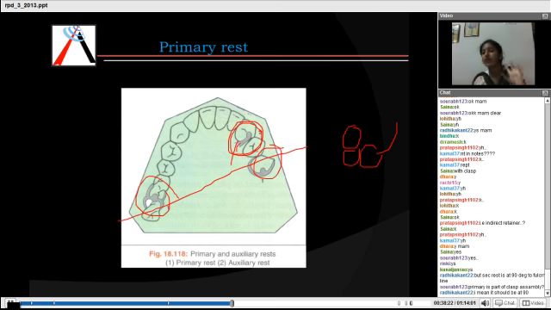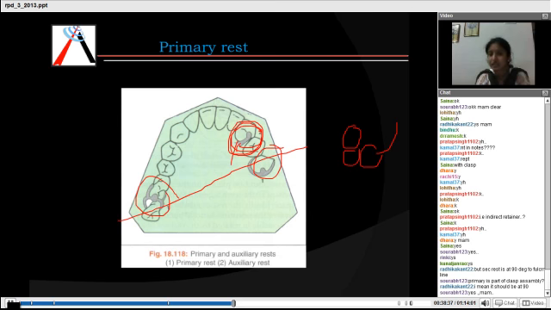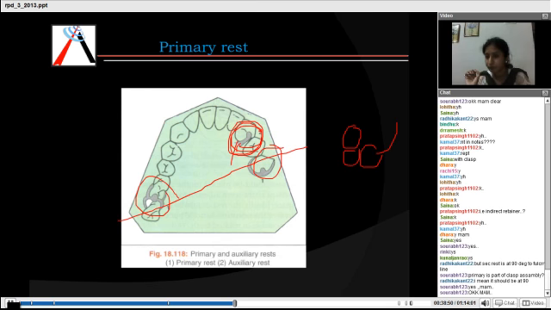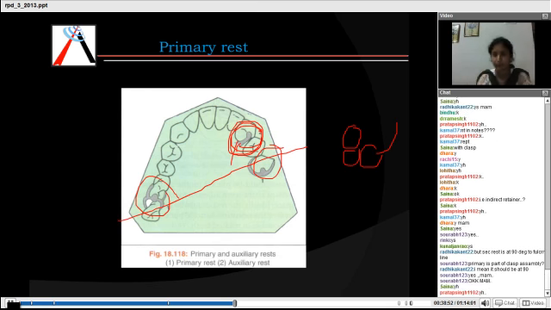So the rest which is along the fulcrum line or along the clasp assembly is the primary rest. And auxiliary rest is something which is not in the fulcrum line, which is away, an additional rest, just to help in stabilization and prevent the rotation of the denture along the axis of rotation of the fulcrum line. Getting me? All of you? Okay.